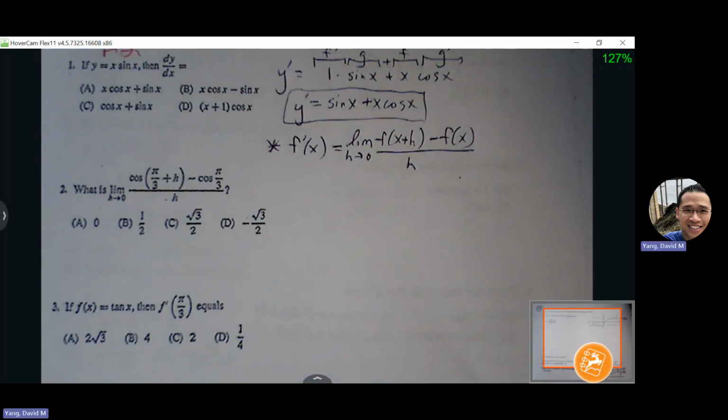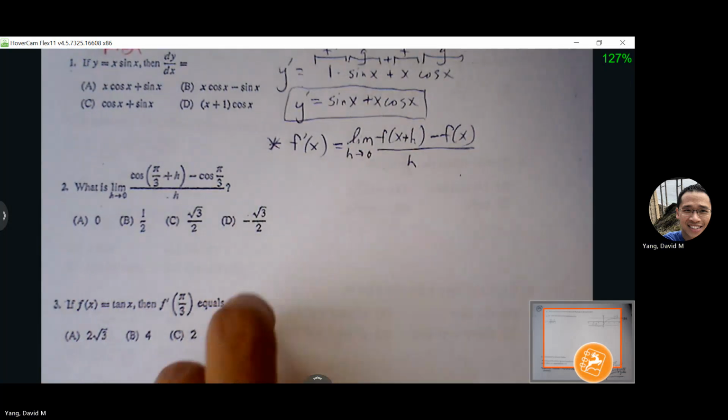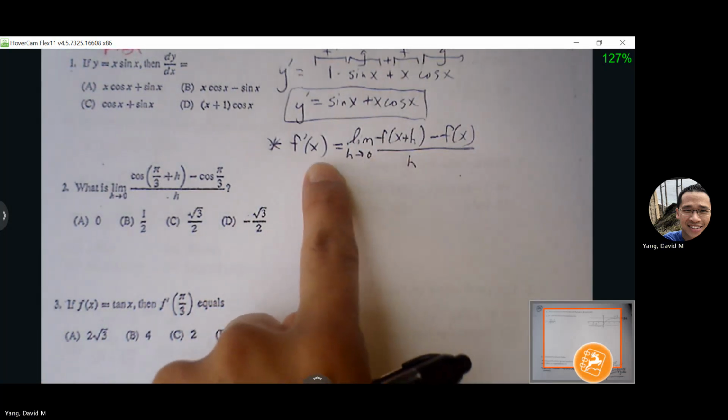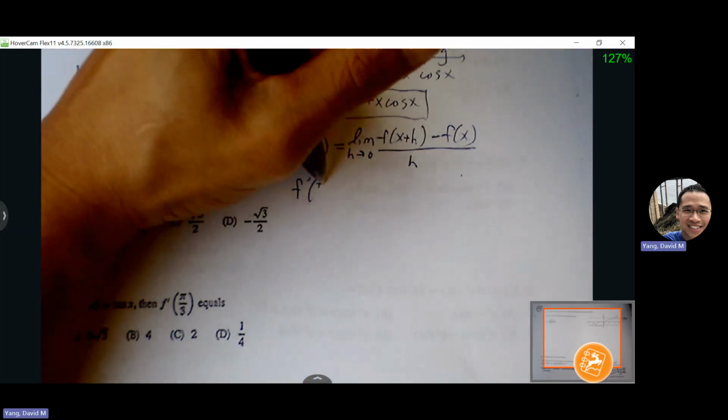Now, if you look, all the x values here have been replaced with what? Pi over 3, right? So let me rewrite it using pi over 3.